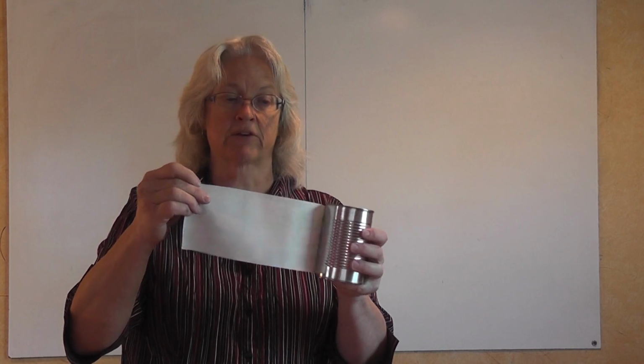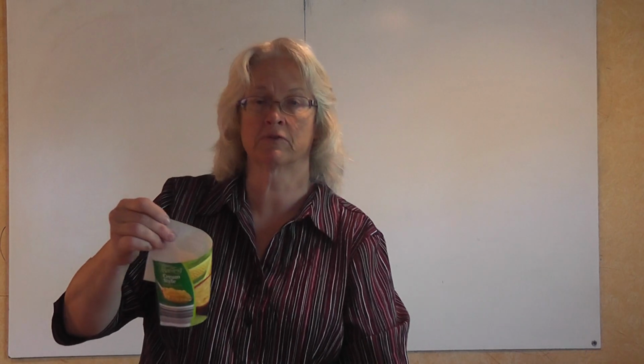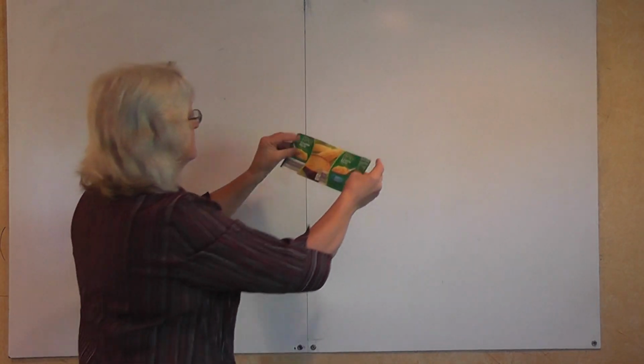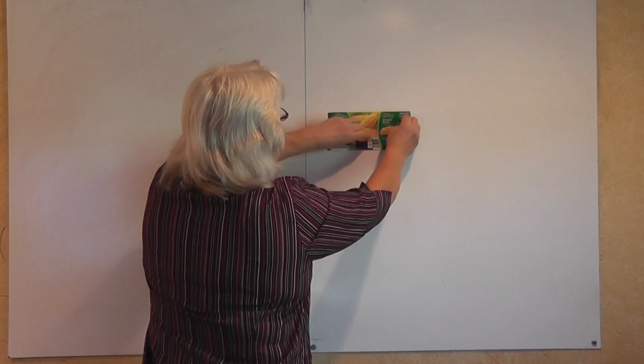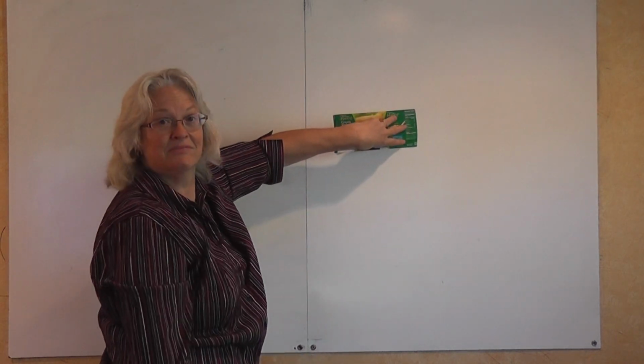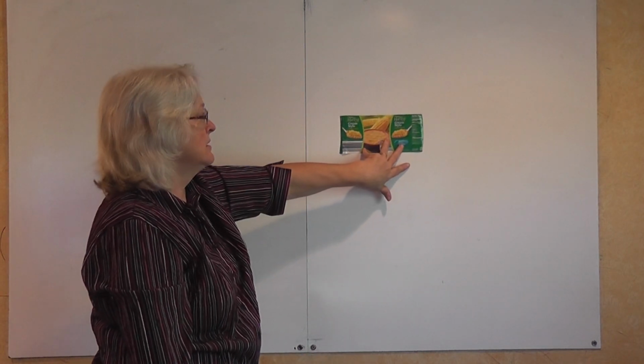Got a can of corn here. I've cut the label, so what's going to happen when I unroll this lateral surface here, that's a curved surface, is it's nothing more than a big old rectangle. Isn't that nice?